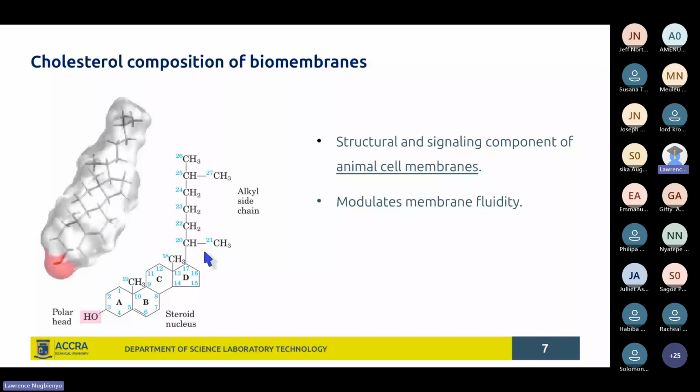And the function of these sterols, even though we'll come to look at it much more, is to regulate membrane fluidity. As you can see, if you compare this structure to the structure of the fatty acids, the fatty acid is a straight chain structure.